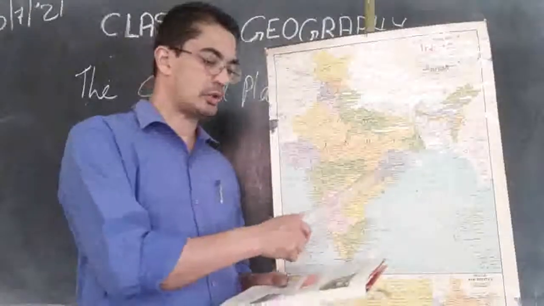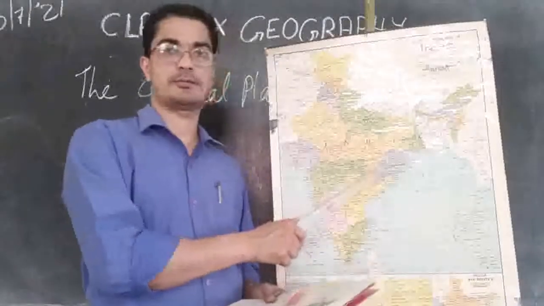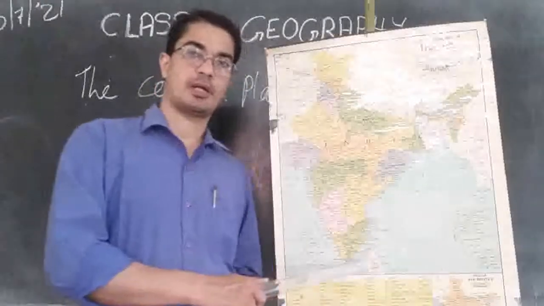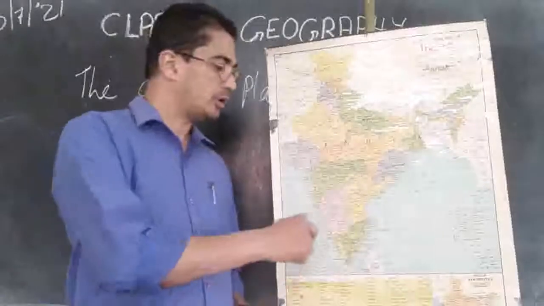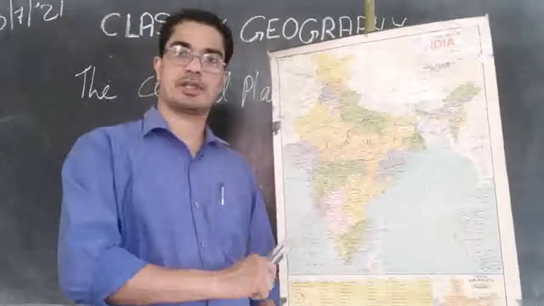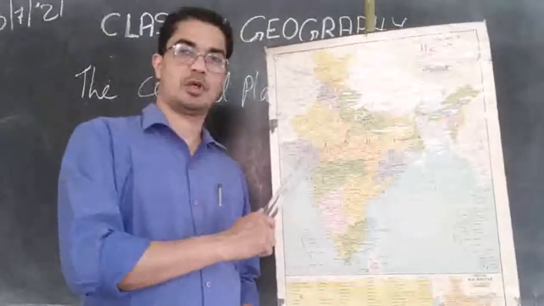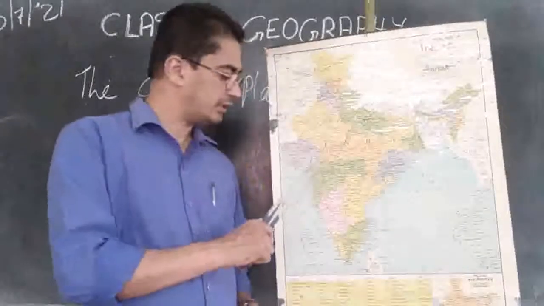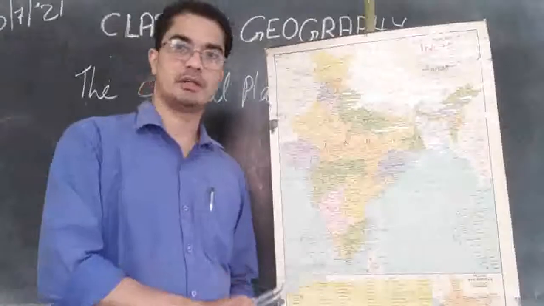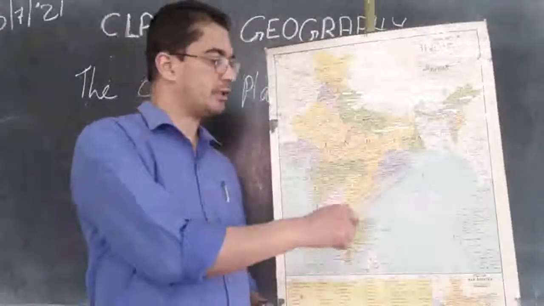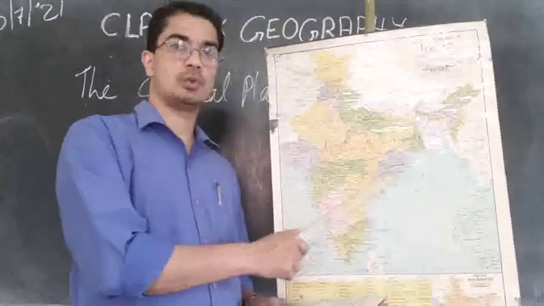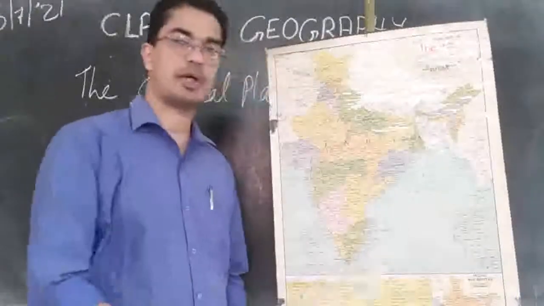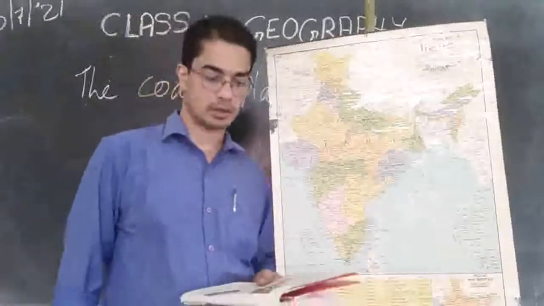Remember, on the west there are three divisions: the north is known as Konkan, then the central Kannad plain, then the Malabar coast. But in the east it is only two, Northern Sarkar on top and the southern part known as the Coromandel coast.